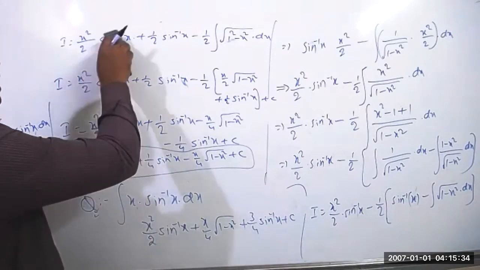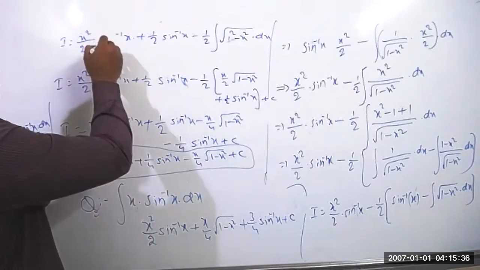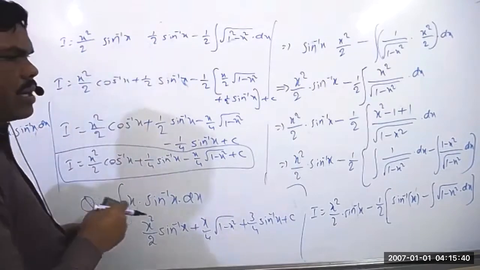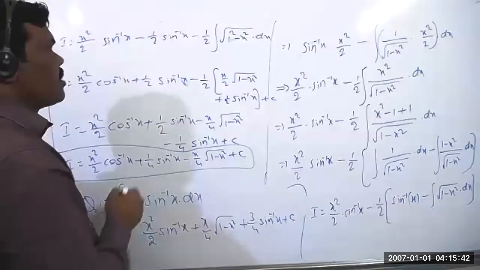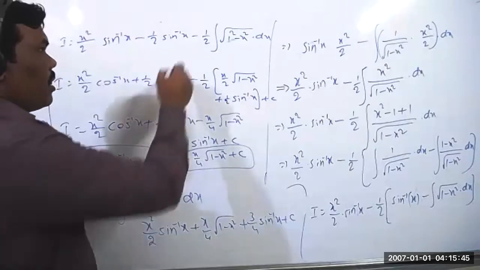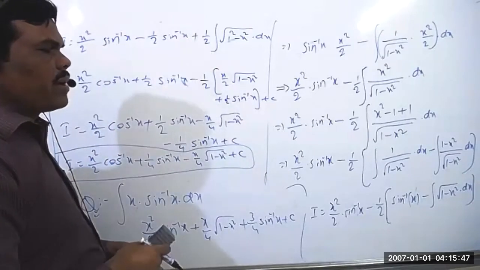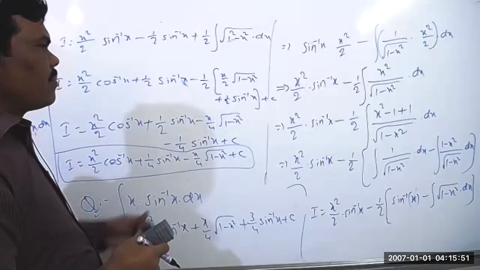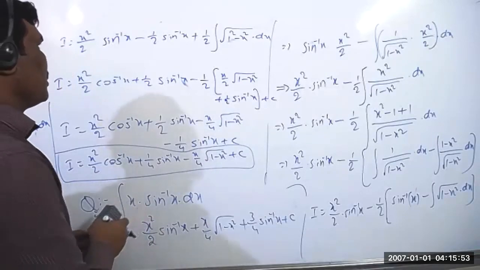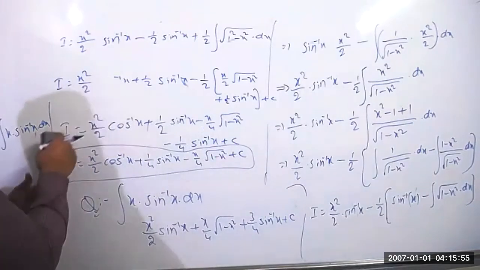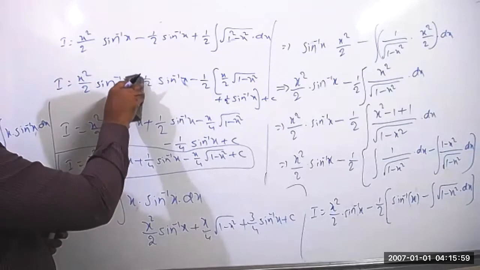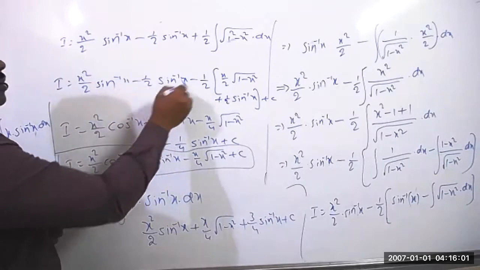Next, x square by 2 into sin inverse of x minus, because minus into plus equals minus, you will get minus 1 by 2 into sin inverse of x, and minus into minus equals plus 1 by 2 into root of 1 minus x square, the same thing only we will get. So here this is minus, this is plus.